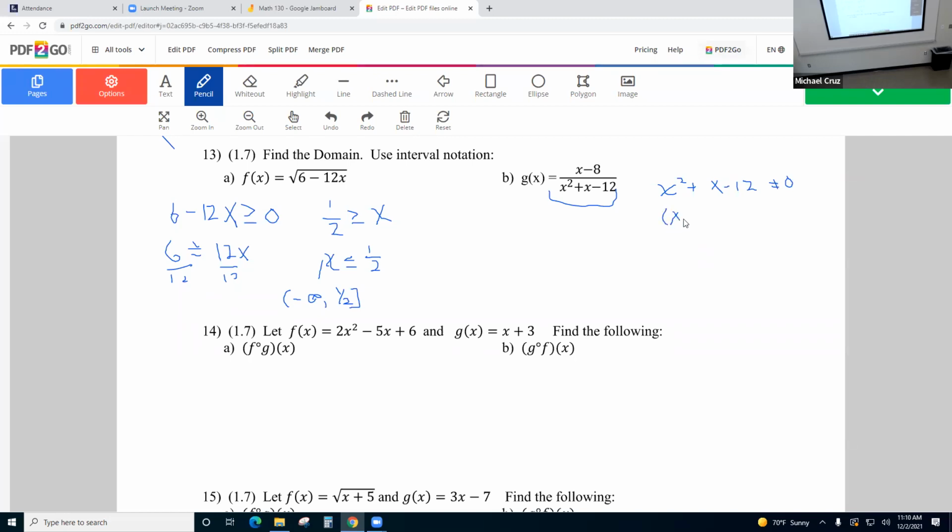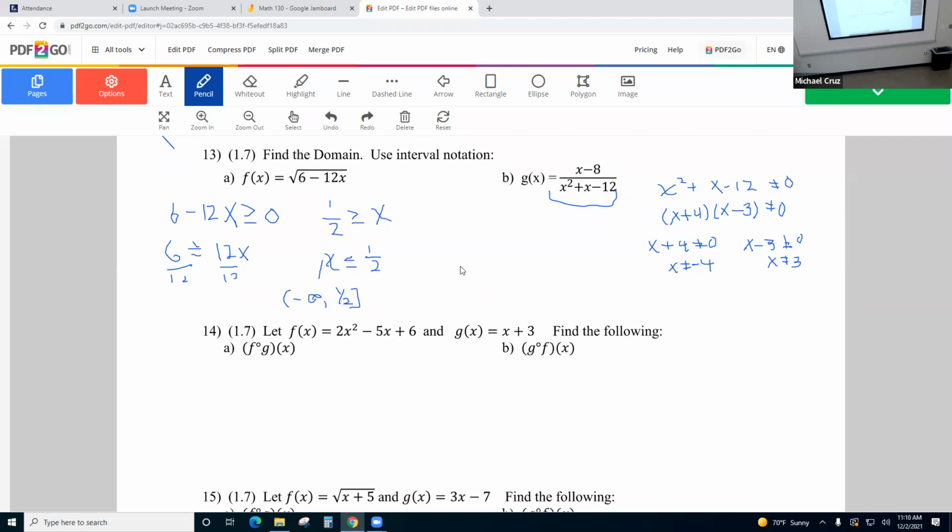So that means X plus 4 times X minus 3 can't be equal to 0. So X can't be equal to -4, or X can't be equal to 3. Other than that, there are no limitations on this.